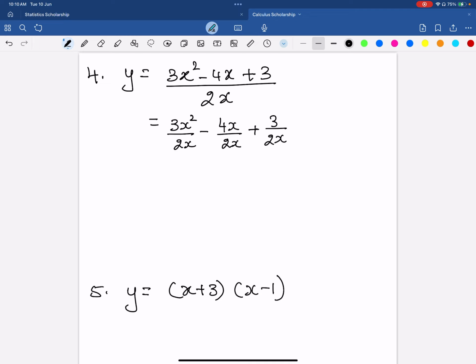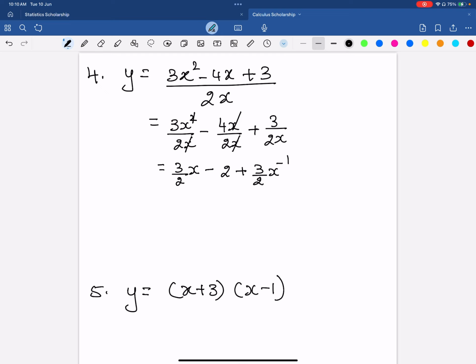Every term I've divided by 2x. So if I simplify this, there are two x's on top, one at the bottom. So this is 3 over 2 times x, minus 4x over 2x, where the x's get cancelled, which gives you 2. Here, from the last example, now you know I can take the x up. So the power becomes negative 1.